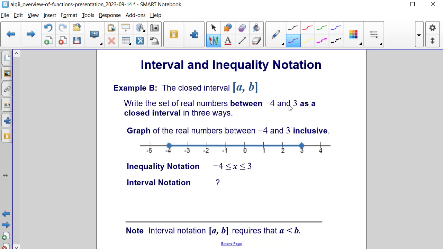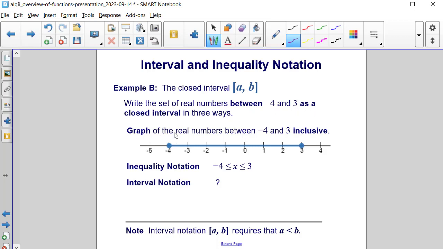Now let's try example B, which is going over the closed interval from a to b, where it has square brackets on both sides. The directions are to write the set of real numbers between -4 and +3 as a closed interval in 3 ways.